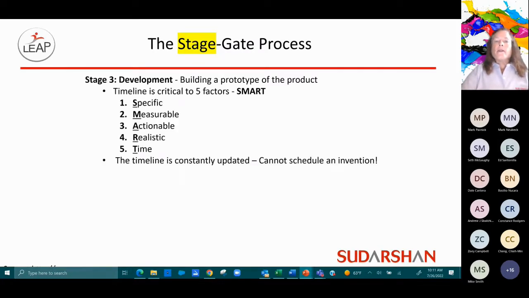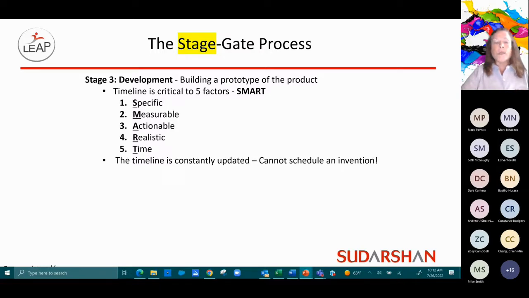Stage 3 is where the development really begins, creating some prototype samples of the product. And here it's critical that we have a timeline developed and we use the SMART practice, where everything is specific, measurable, actionable, and realistic, as well as meaningful with respect to time.